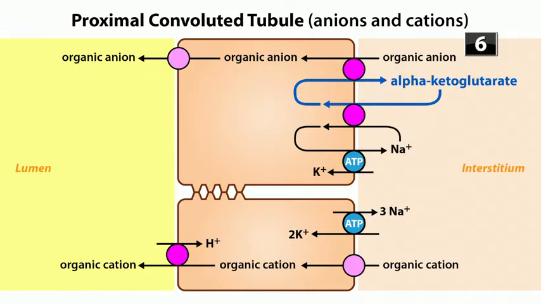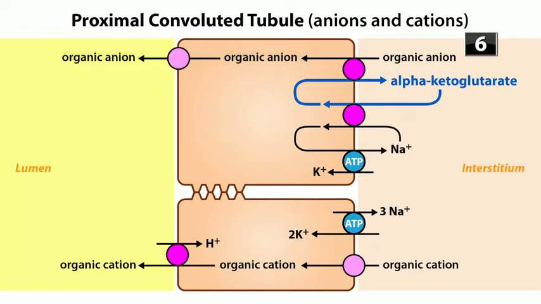Then number 6 deals with the active secretion of organic cations and anions in the proximal tubule. To secrete an anion, you use alpha-ketoglutarate. So we're starting on the right this time, out in the interstitium. Alpha-ketoglutarate is brought into the cell with sodium by way of a sodium gradient that's established by sodium-potassium ATPase. So alpha-ketoglutarate goes into the cell, and then you could exchange alpha-ketoglutarate for an anion, and that anion then goes into the lumen. At the bottom, you see how cations are reabsorbed.